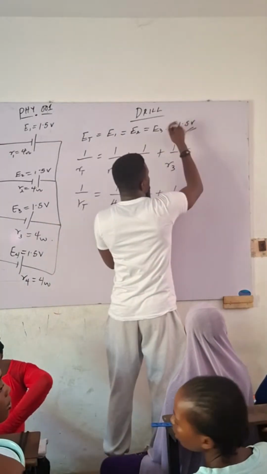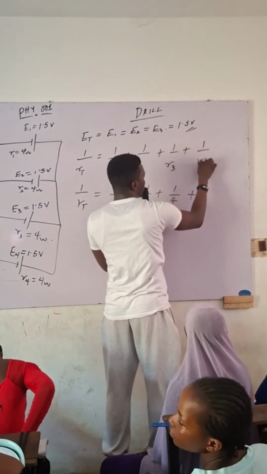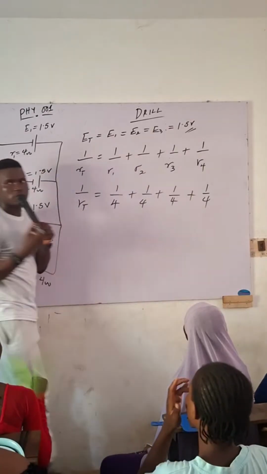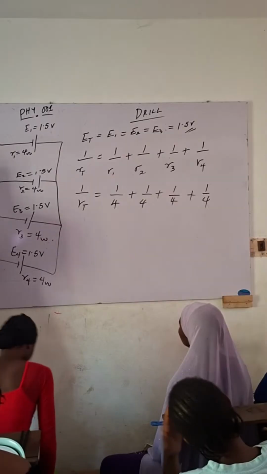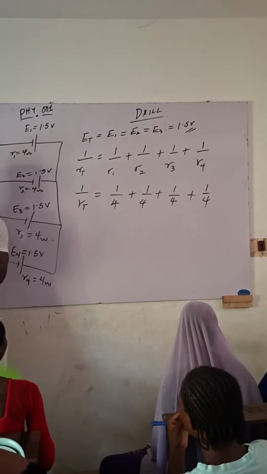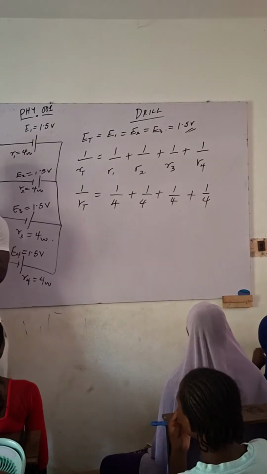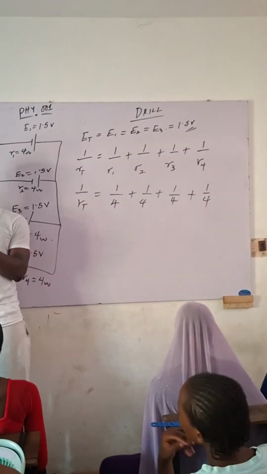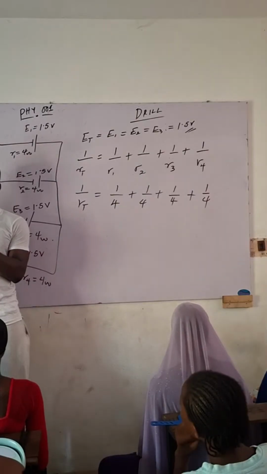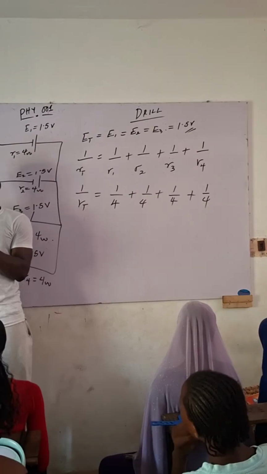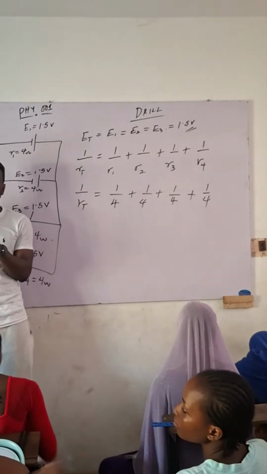So that's plus 1 over R4. Now that there are 4 of them, even when I guessed the answer, I had already solved it in my brain. I already wrote 1 over 4 plus 1 over 4 plus 1 over 4 plus 1 over 4. So there are 4 of 1 over 4, 4 by 4, that's 1. I already know my answer is 1, even in my brain without solving.